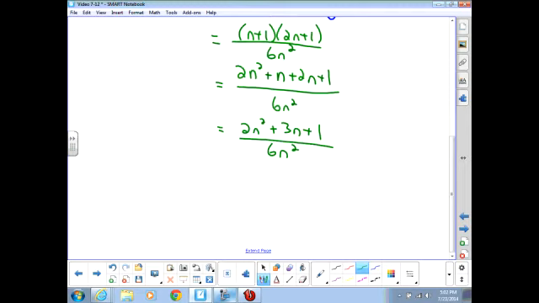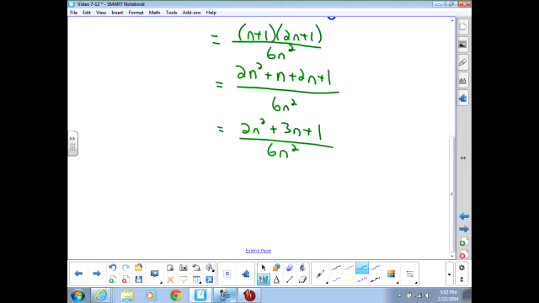So this is a formula that will give you the sum of your rectangles using right-hand endpoints for any number n of rectangles. So if n was 8, we'd just put in 8 here. If n was 12, we'd put in 12 here, and it would automatically give us the sum of our rectangles, which will approximate our area under the curve.